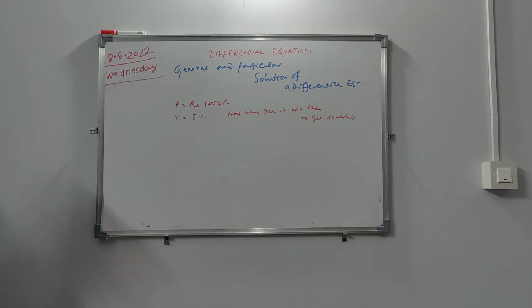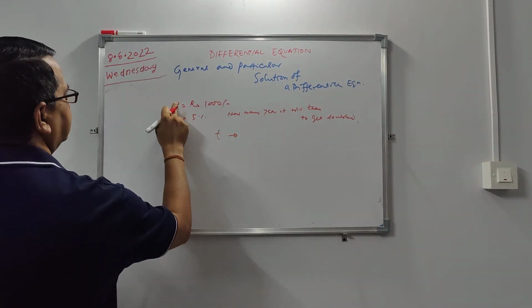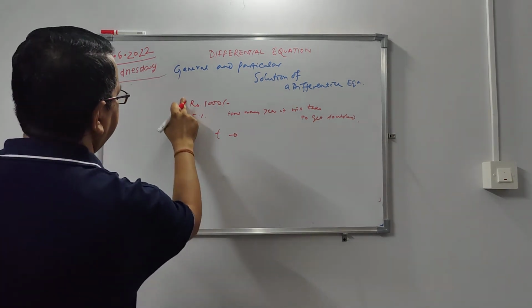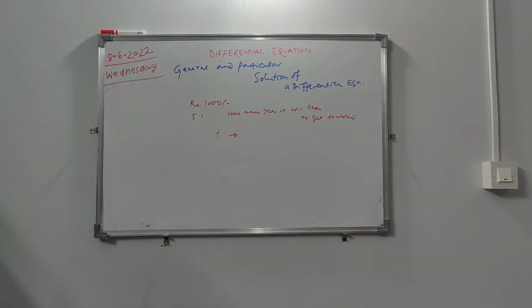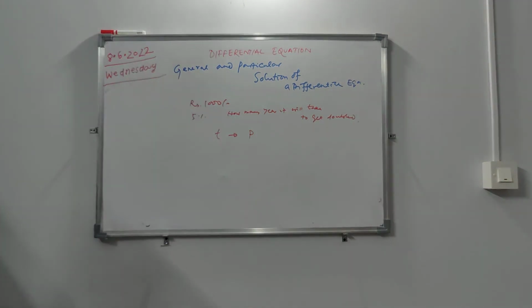So how do we solve it? Here, let us not give any notation to the principal. Let at any time T, your principal be P. So it is like compound interest. The principal does not remain constant.